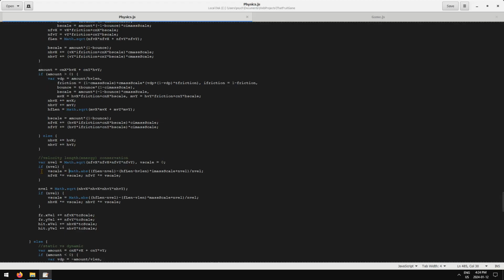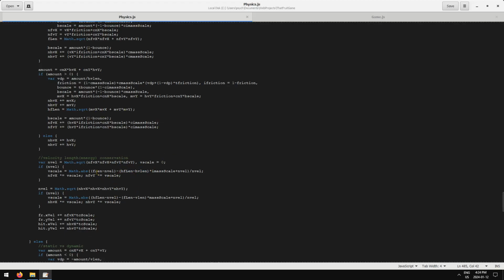And then we look at how much the other hit object's velocity changed, and we basically make sure that the same amount of velocity that was taken out is put into the other one. So you can see here we scale up this fruit velocity based off of the hit fruit's velocity changed amount.